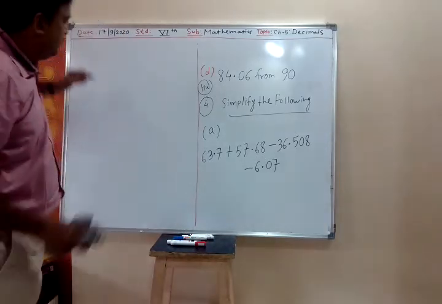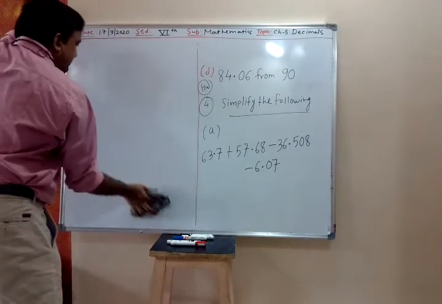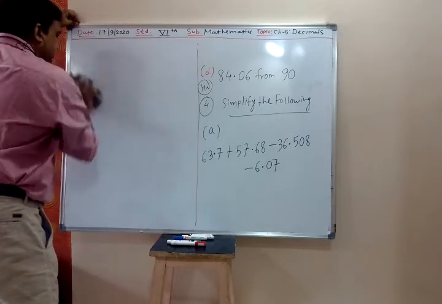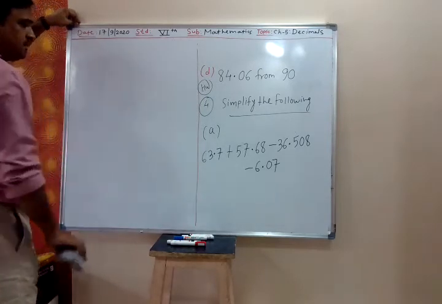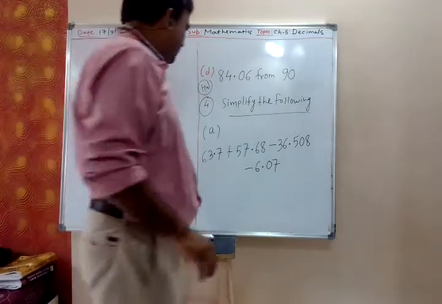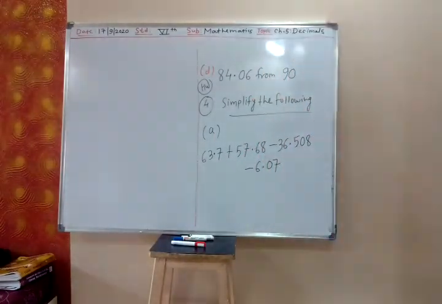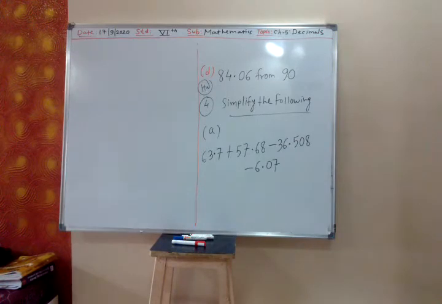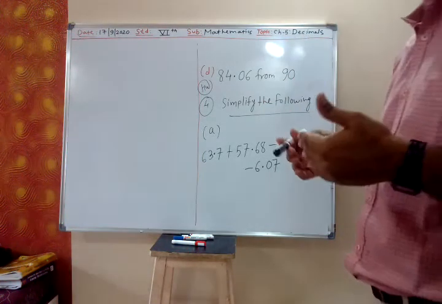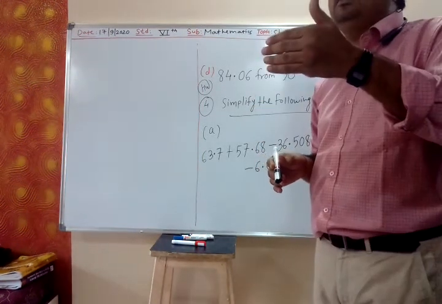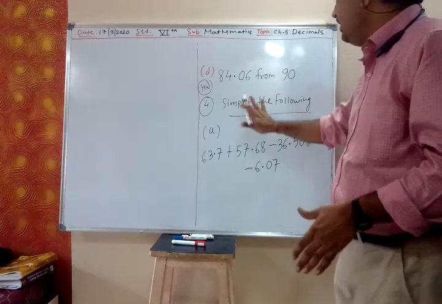You always remember in addition or subtraction, first... Listen to me first. Whichever is homework, don't immediately discuss. You try to solve after this period. If there is doubt, you can ask the doubt in the next period. Don't ask right now.